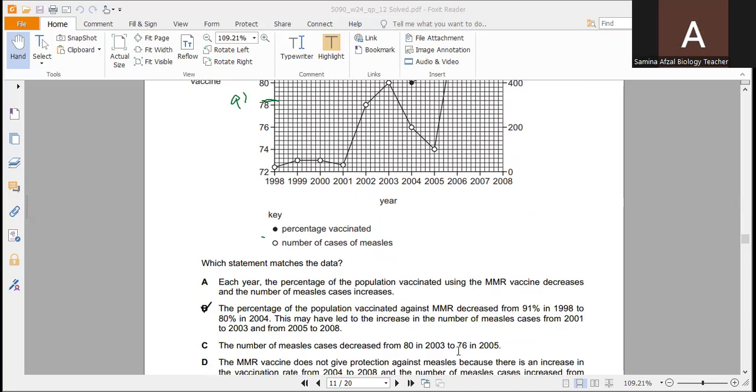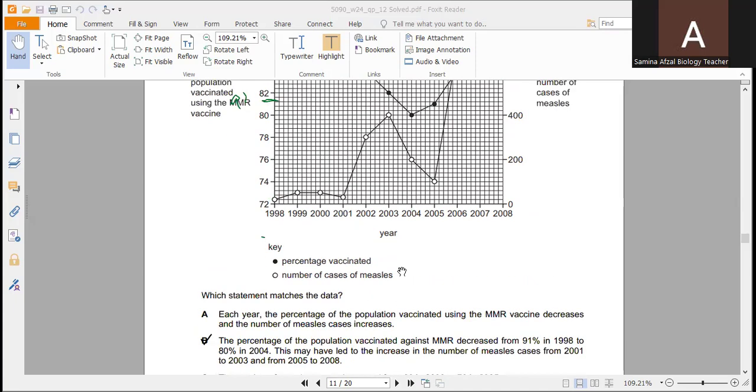And to 76 in 2005. And in 2005, they are not 76, they are 74. So again, this is not correct.